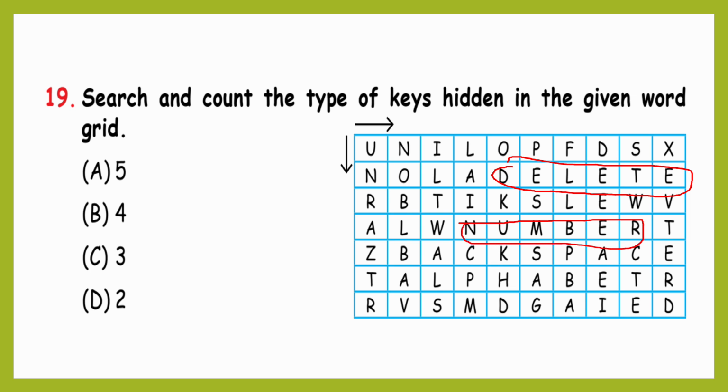Then we have backspace, B-A-C-K-S-P-A-C-E. Backspace. Then we have alphabet, A-L-P-H-A-B-E-T, alphabet. So we have 4 keys hidden. So option B, 4.